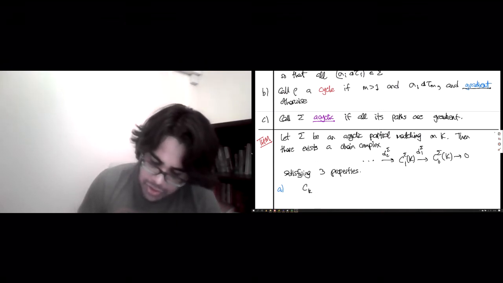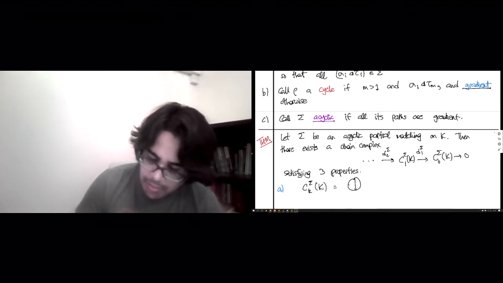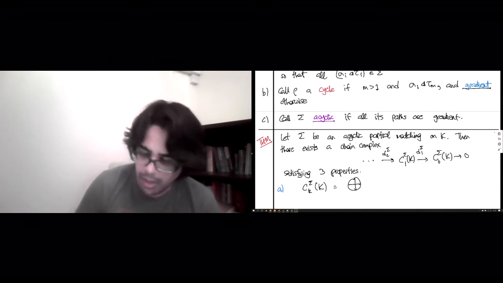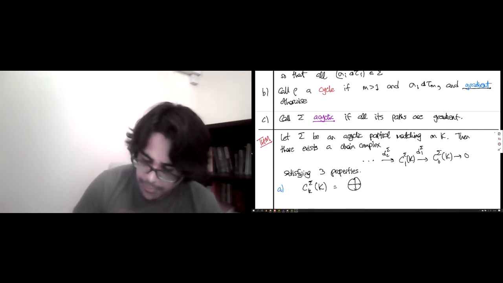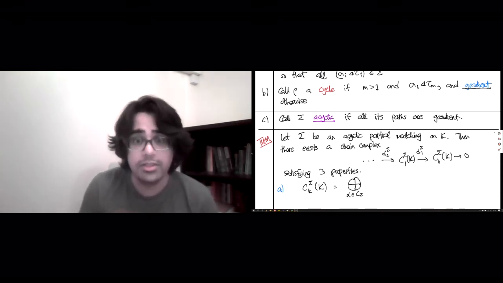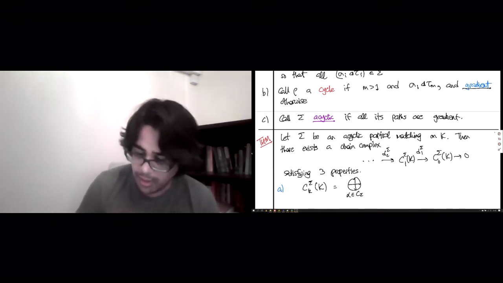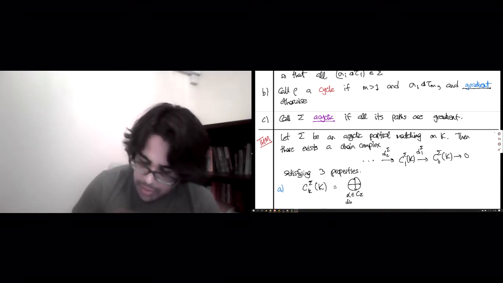C_k, so the kth chain group in this special chain complex, is the direct sum over, let's say, the critical simplices. These are the ones that were not paired by the matching sigma of the correct dimension.